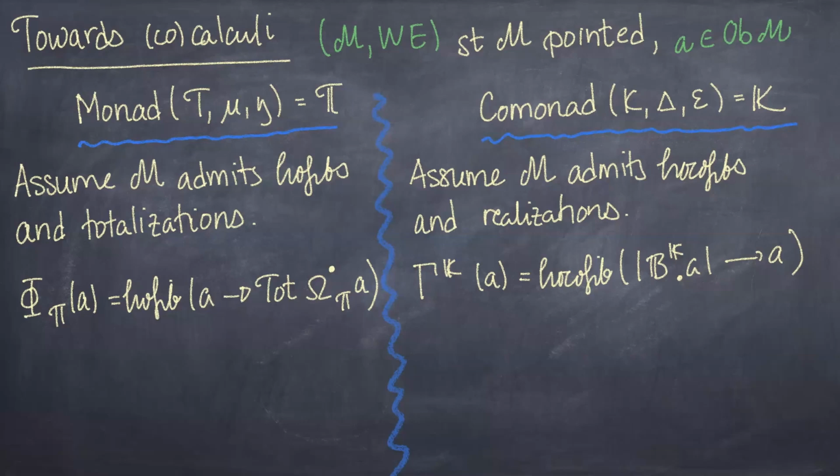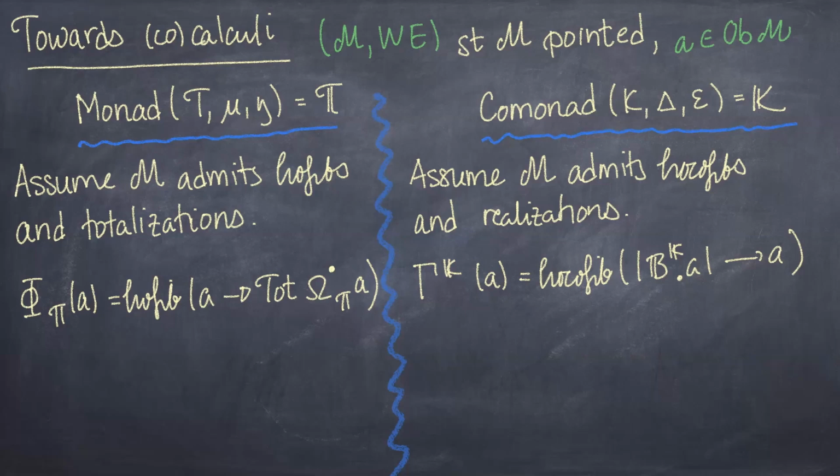We have this co-augmentation that went from the object little a into the bottom of the cobar construction. And so there's an induced map from little a into the totalization of this cosimplicial construction. That's now a morphism in the category M, of which we can take the homotopy fiber. When we're taking this homotopy fiber, we're measuring the difference between little a and the totalization of the cosimplicial cobar construction.